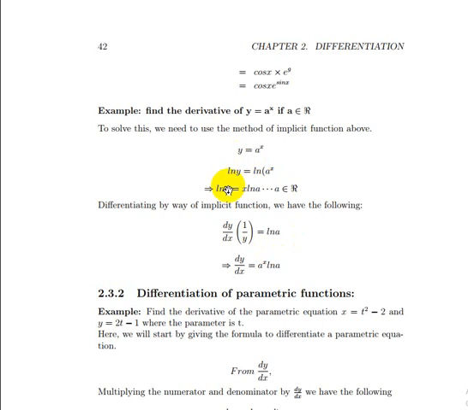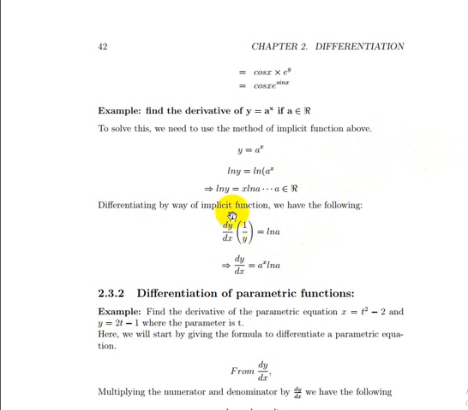So when I differentiate this with respect to x, you see that ln a is an element of real numbers. So a here is an element of real numbers. It implies that ln a is also going to be a constant. So it's similar to differentiating 5x. When I differentiate 5x, I'm going to have 5. So it's similar to saying when I differentiate ln a times x, I'm going to have ln a.